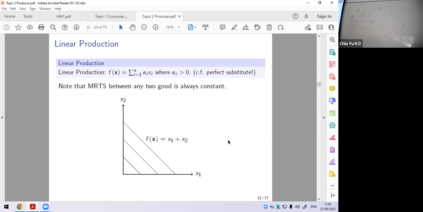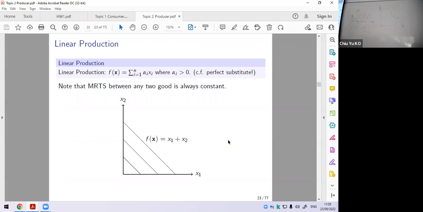This is the simplest production function you can imagine. Again, they call it perfect substitute. It doesn't really matter how many of input 1 or input 2 you're using, as long as the total quantity is the same, then you're done. This is very simple, and you can say it's unrealistic, but when you look at a lot of models, like contract theory or finance theory, they sometimes use this.